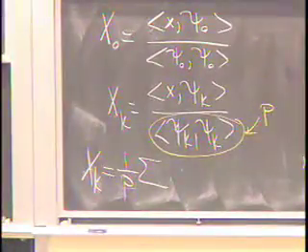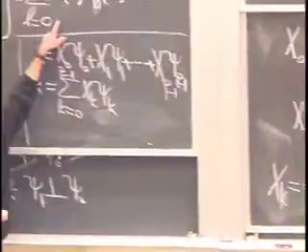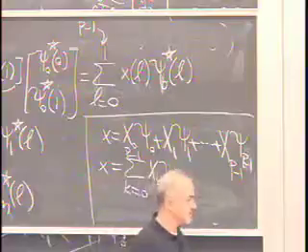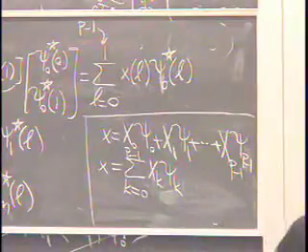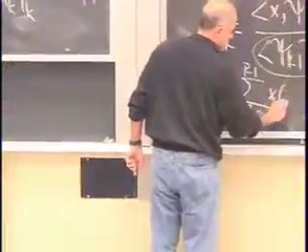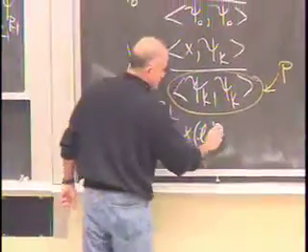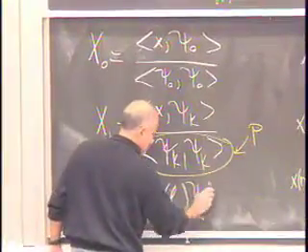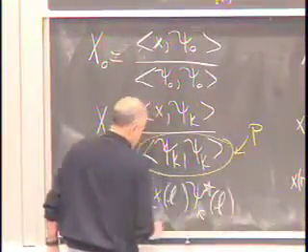And what was that? It's just that sum, l equals 0 to p minus 1, x[l] ck star[l].